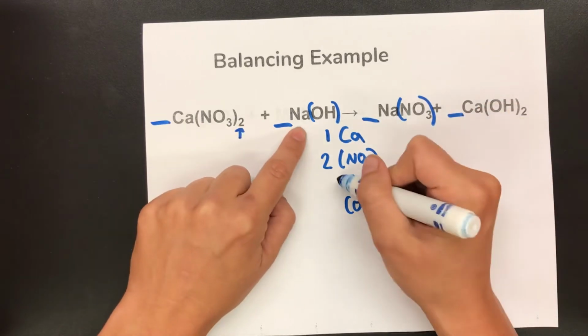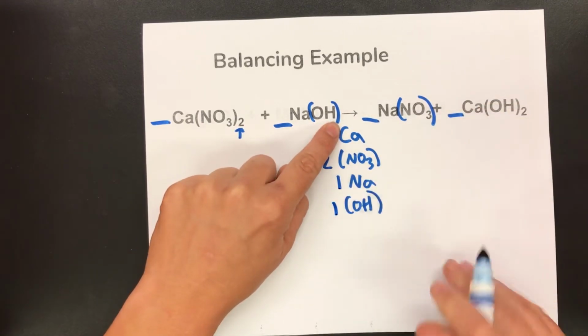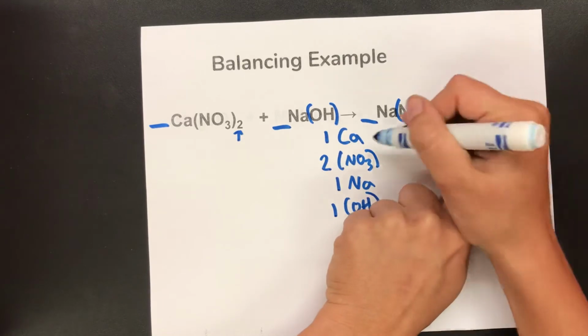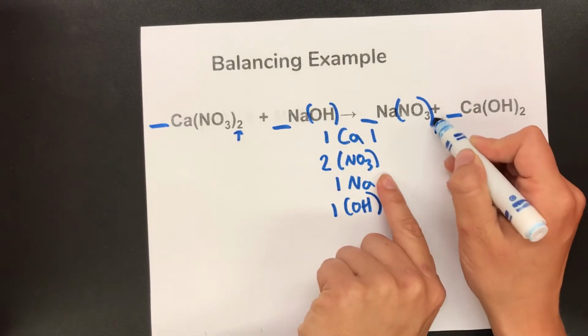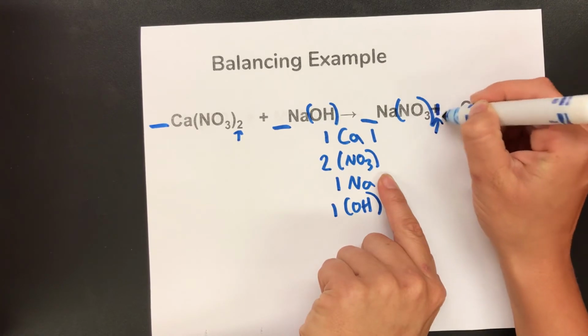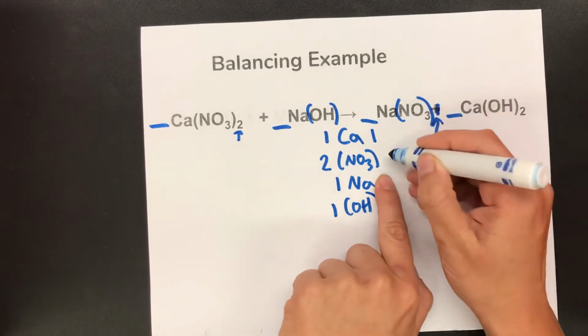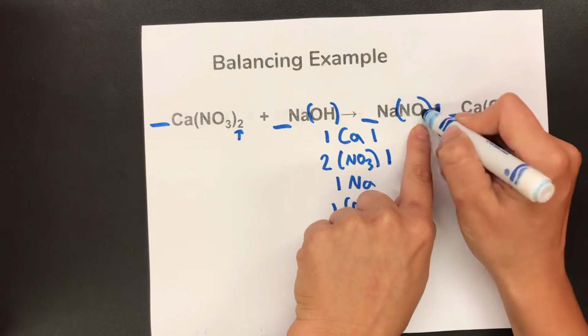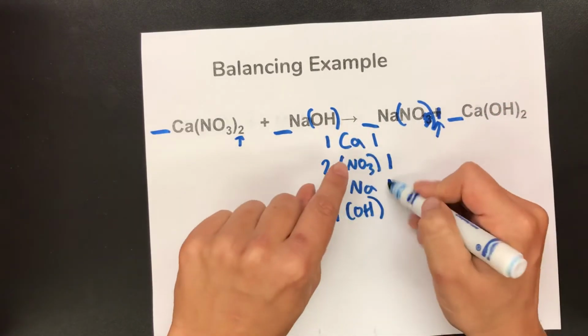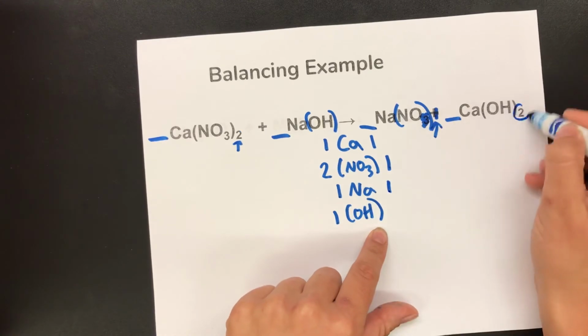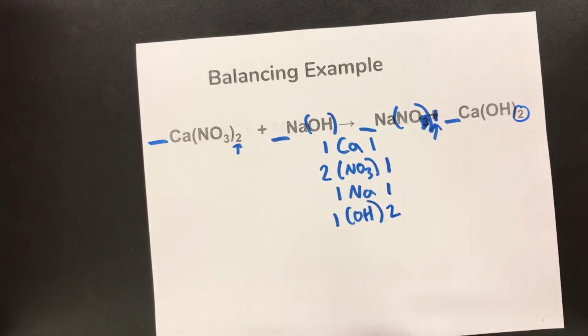Na, 1. OH, 1. Right side, Ca, 1. There's no number there. NO3, now there's no number. That means there's 1. NO3 with no number on the outside is 1. Do not look at that 3. Most common mistake. Na, 1. OH, you're going to look at the number on the outside of the parentheses, 2.